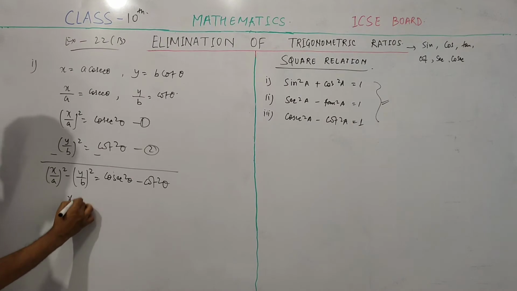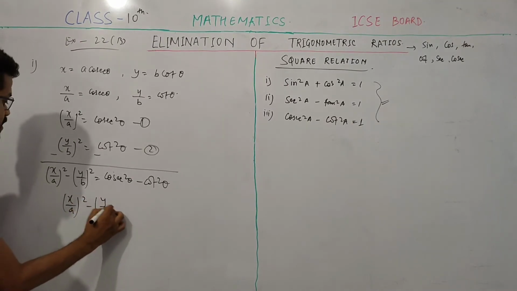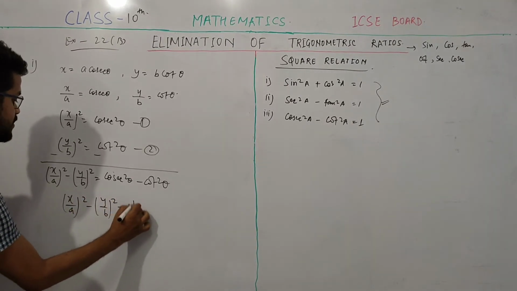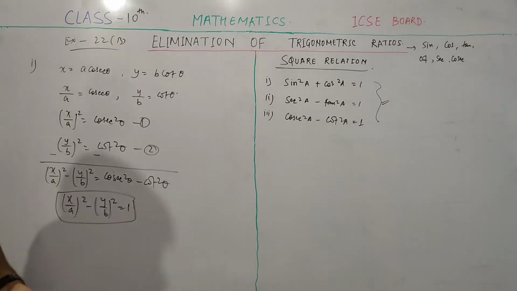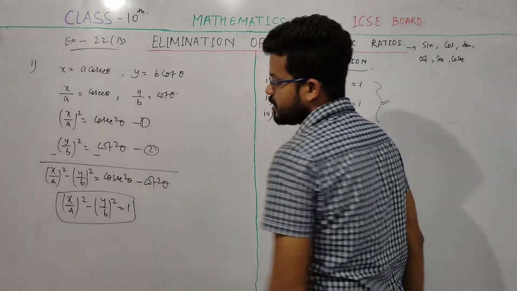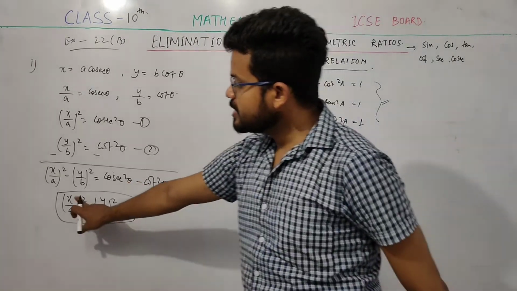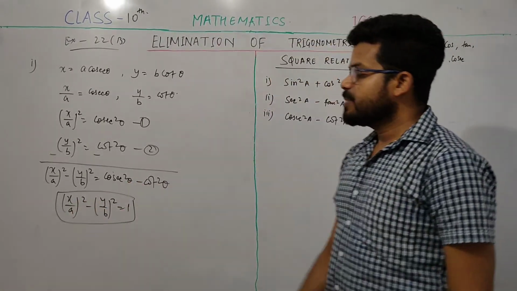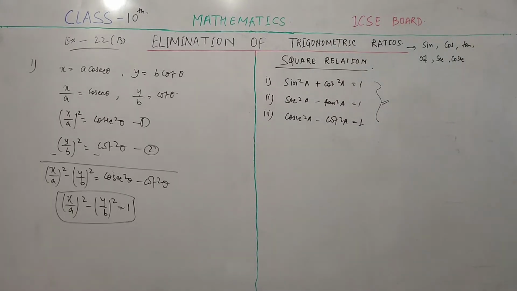So x by a whole square minus y by b whole square is equal to 1. This is the final answer. Here I completely eliminate the theta and the final expression is x by a whole square minus y by b whole square is equal to 1.